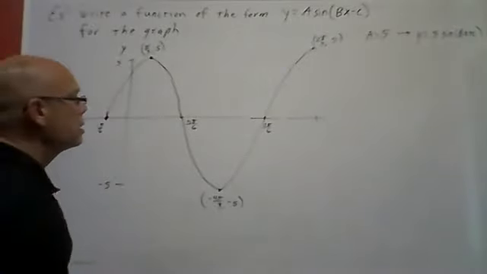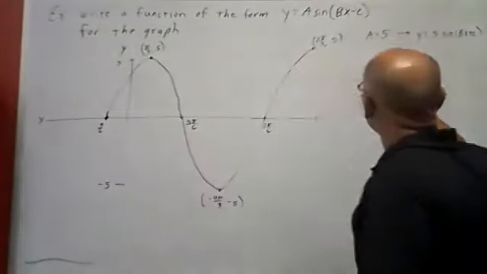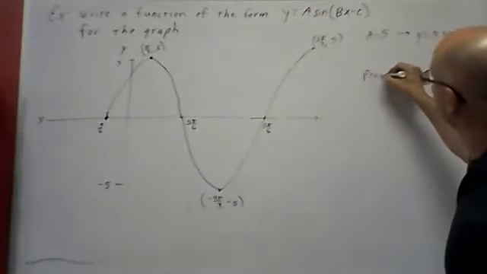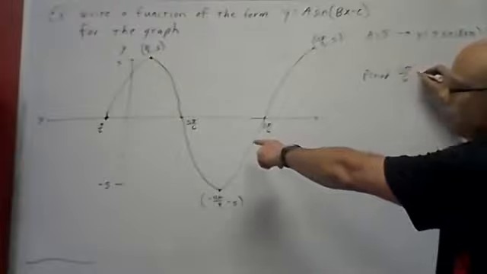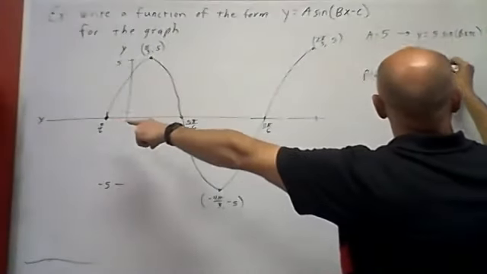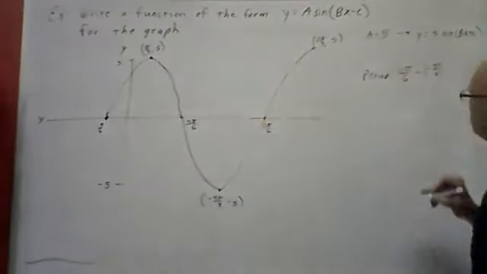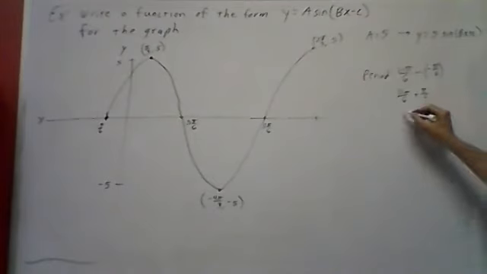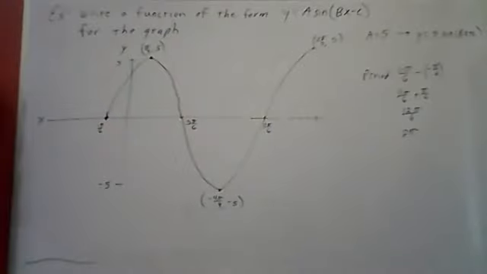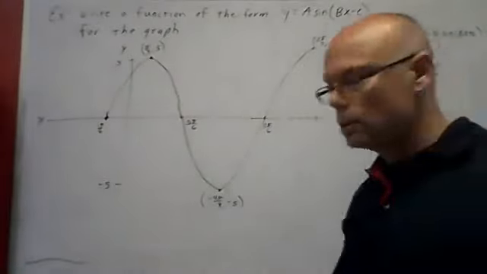Well, the period is going to be 11 pi over 6 minus negative pi over 6. Well, that's 11 pi over 6 plus pi over 6, or what? 12 pi over 6. Or can I say that is 2 pi?